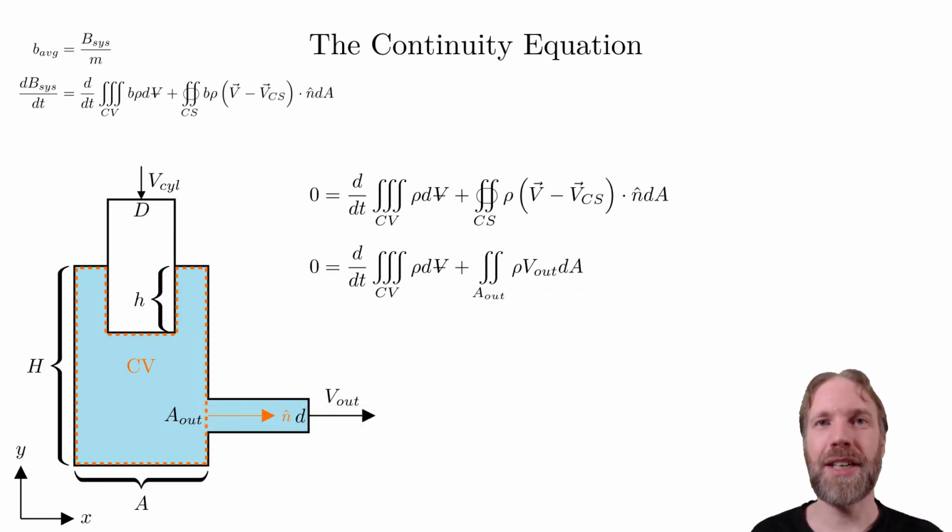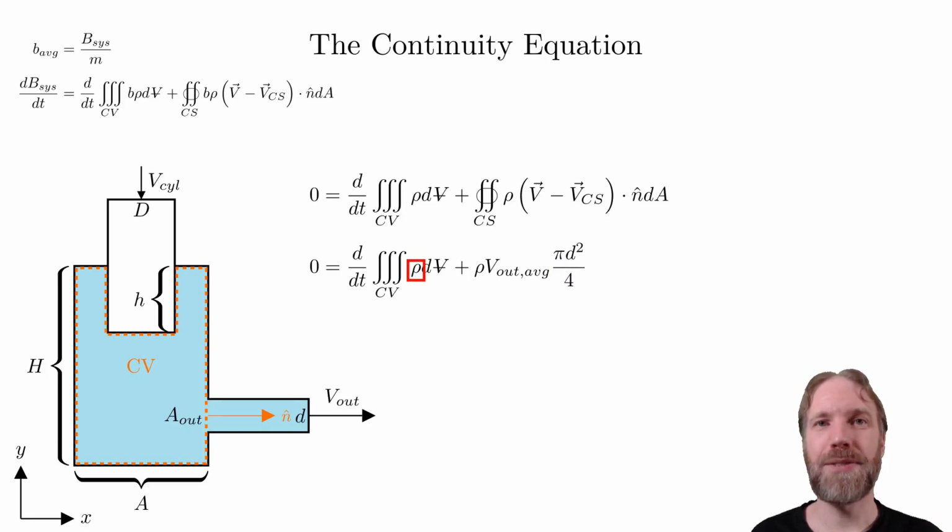The surface integral can now be written as the density times the average velocity, multiplied by the area. As long as you use the average velocity, it doesn't matter if the velocity varies over the cross-section. The area can be written as pi d squared over 4.